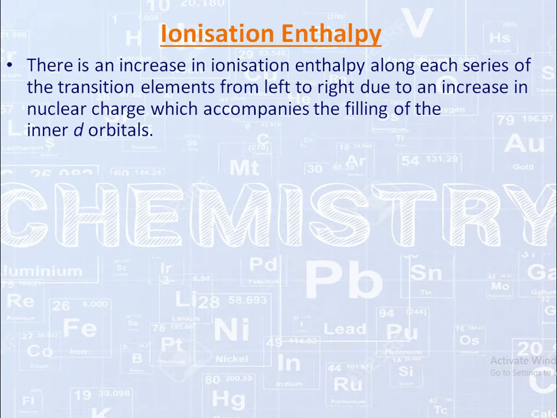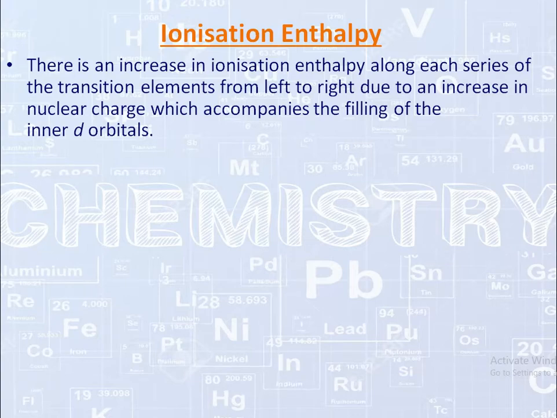As we move from left to right in a series, the effective nuclear charge increases, and hence it is difficult to remove an electron from the valence shell, as the attraction between the nucleus and the valence shell is more. So it requires more energy to remove an electron from the element. Hence, ionization enthalpy increases as we move from left to right in a series.